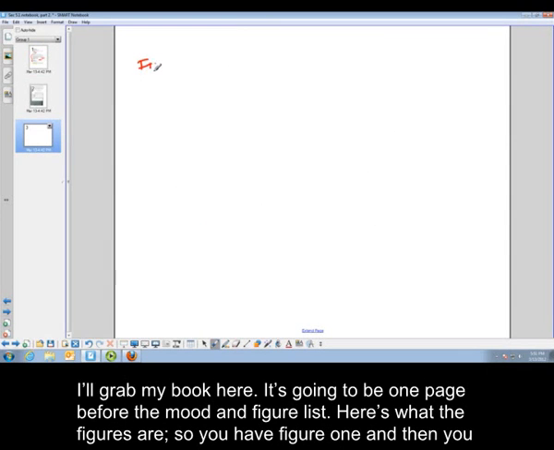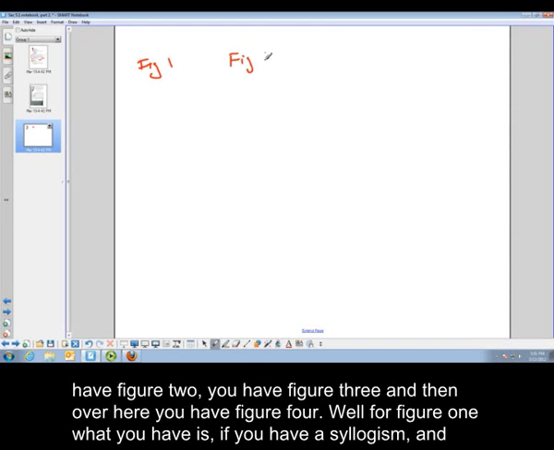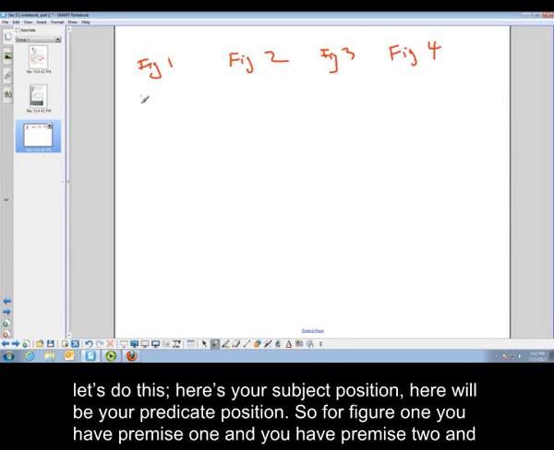So you have figure 1, and then you have figure 2, you have figure 3, and then over here you have figure 4. Well, for figure 1, if you have a syllogism, here's your subject position, and here will be your predicate position.